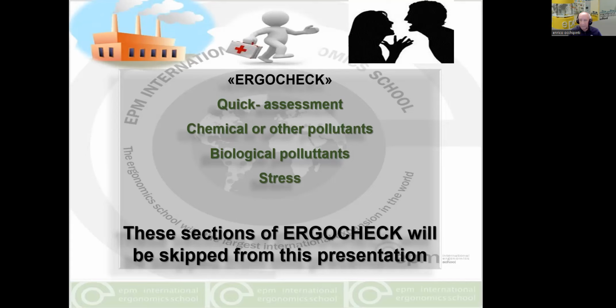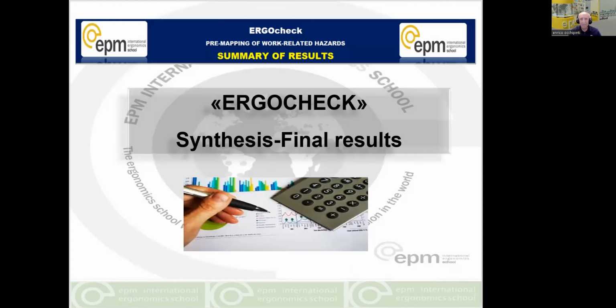The quick assessment procedure in the ERGOCHECK regards also the chemical and other pollutants, the biological pollutants, and work-related stress. This part is large enough, and I have to skip it in this presentation because of time.